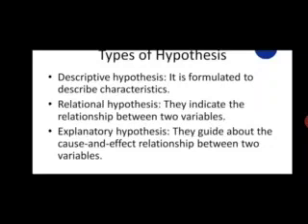And the third type of hypothesis is the explanatory hypothesis. They guide about the cause and effect relationship between two variables. If we want to analyze the cause and effect relationship between two variables, then we would use the explanatory hypothesis.